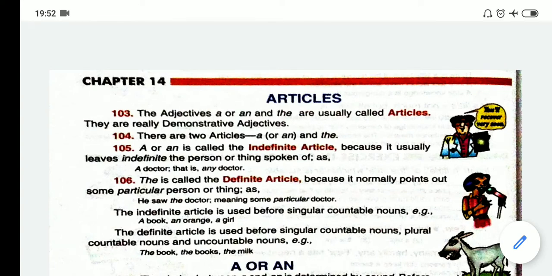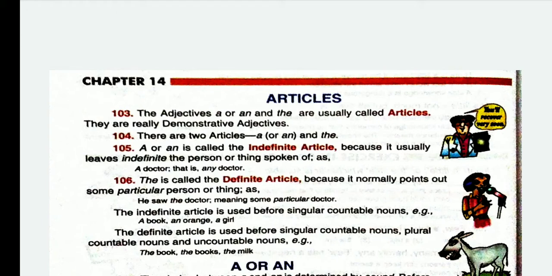It is written here that adjectives a or an and the are called articles. A, an, and the. These are the three articles that we have in English. So these are also adjectives. And we know what is an adjective. Adjective is a word which qualifies a noun.